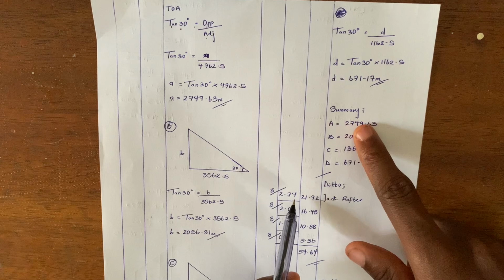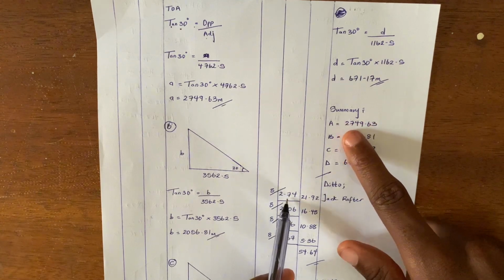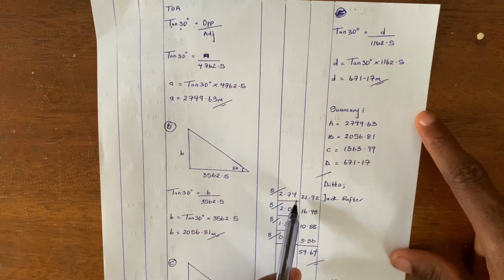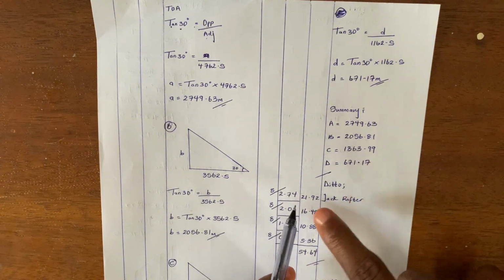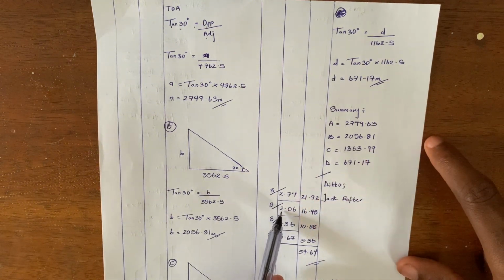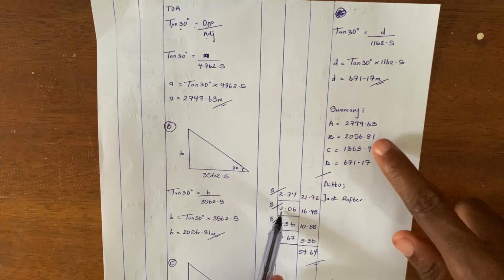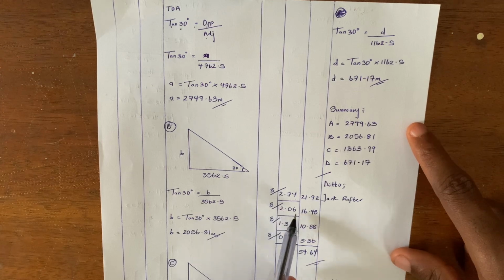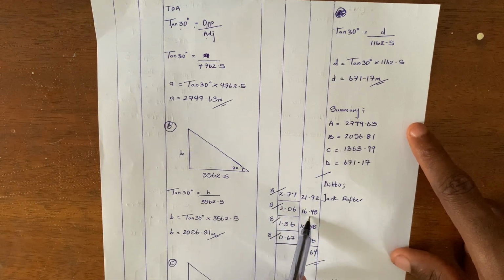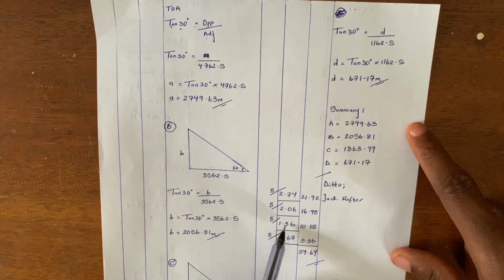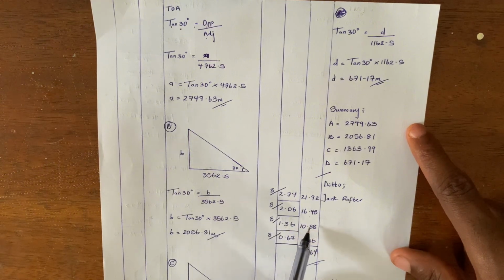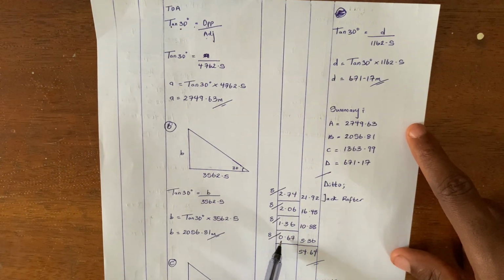So jack rafter A, convert it to meters, which will give us 2.74, multiplied by 8, which will give us this. The next one is B, 2.06 times 8 will give us this. C, 1.36 times 8 will give us this. D, 0.67 times 8 will give us this.